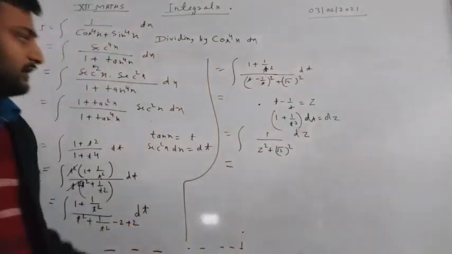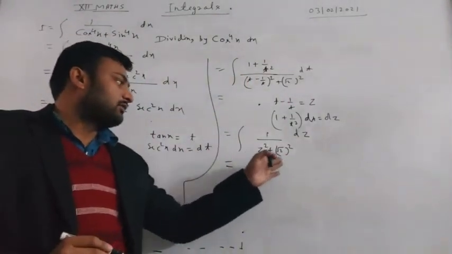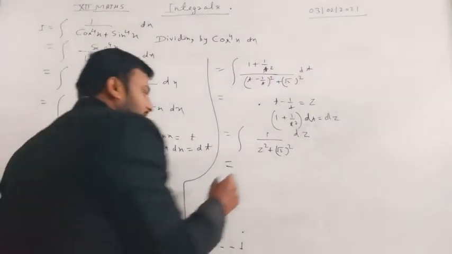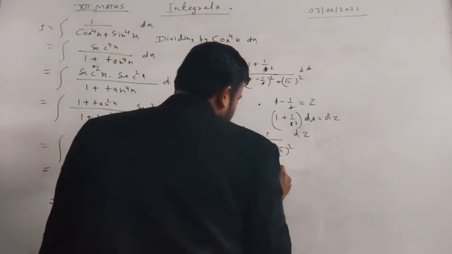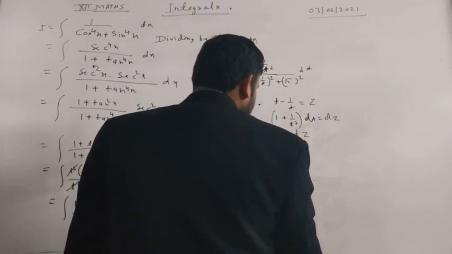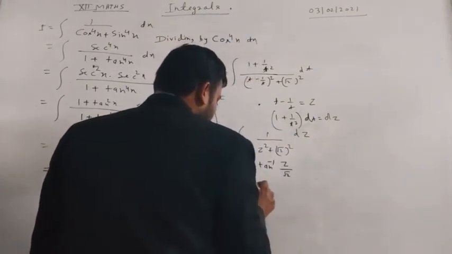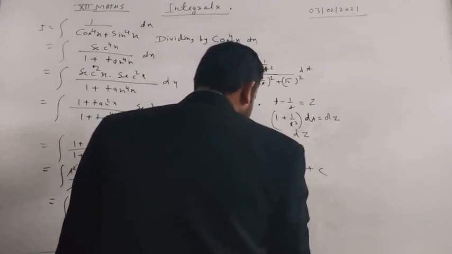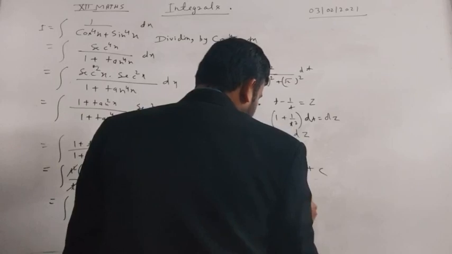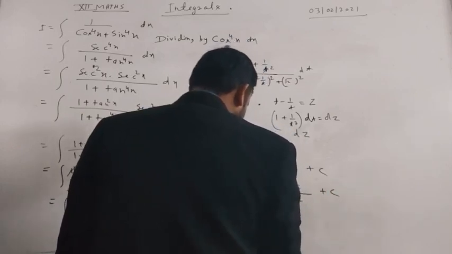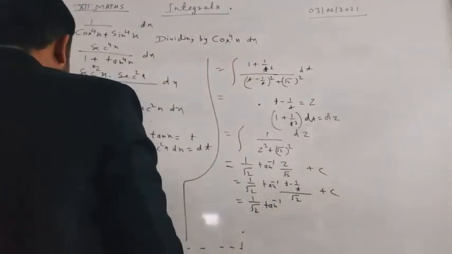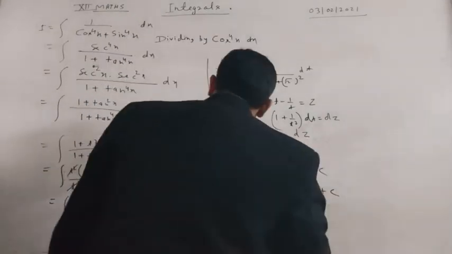Okay students, and this is of the form 1 by a square plus x square dx. So students, this we can write 1 by a tan inverse z by a, which is root 2. And students, our z is t minus 1 by t, so we get 1 by root 2 tan inverse t minus 1 by t by root 2 plus c, and our t is tan x.